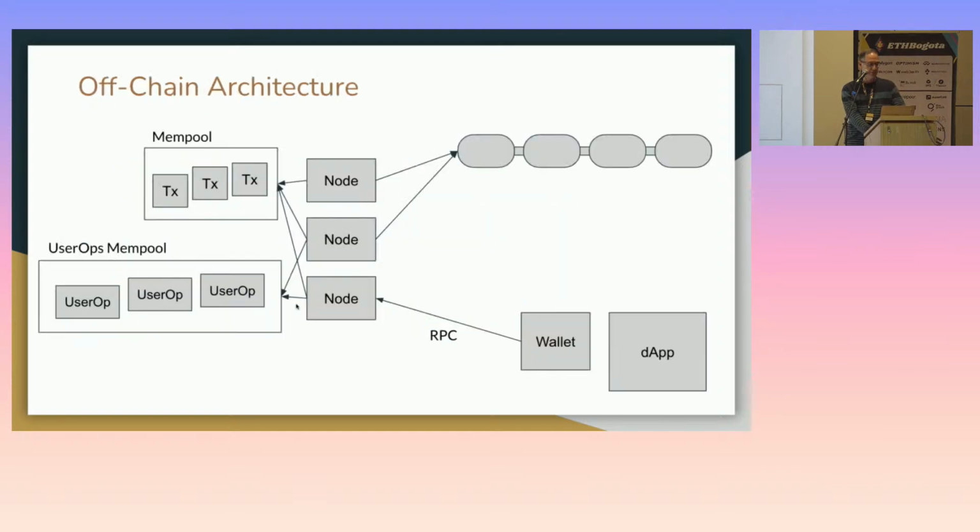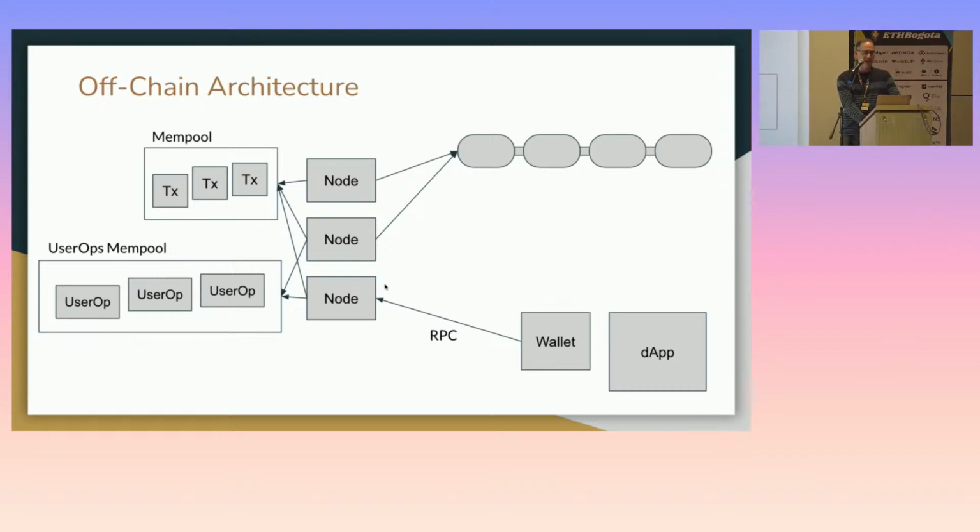If we look briefly at how we add it to the system, we have an application that uses the wallet software and sends the RPC, but you can see here that account abstraction doesn't come to replace a normal transaction in one shot. Some nodes of the system continue to work with transactions, some nodes know normal transactions, but also user operations.